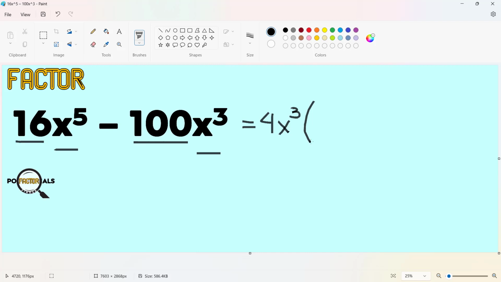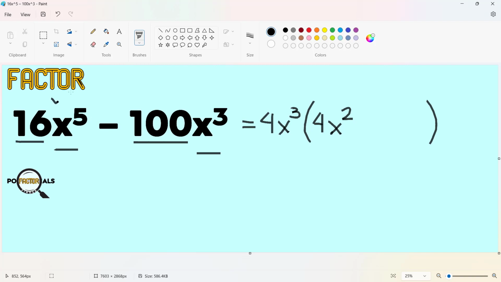Then we have here the binomial. The binomial is the result after removing this greatest common factor from both terms. So let's divide. 16 divided by 4, I still have here 4. And x to the power 5 will become x squared. You can always check this using the distributive property. 4 times 4, 16. x cubed times x squared, x to the power 5.